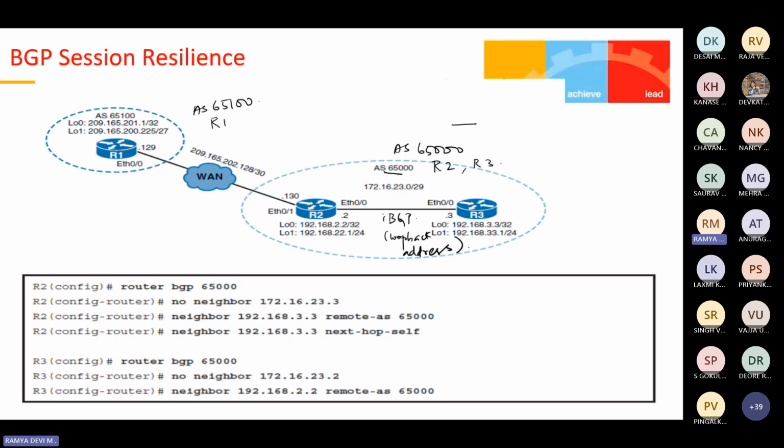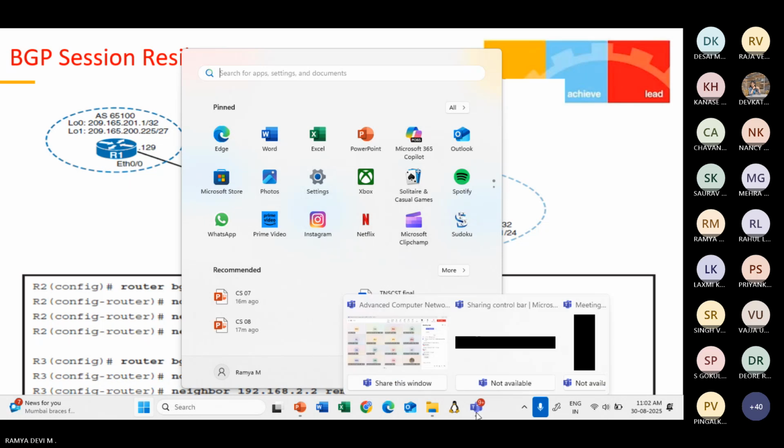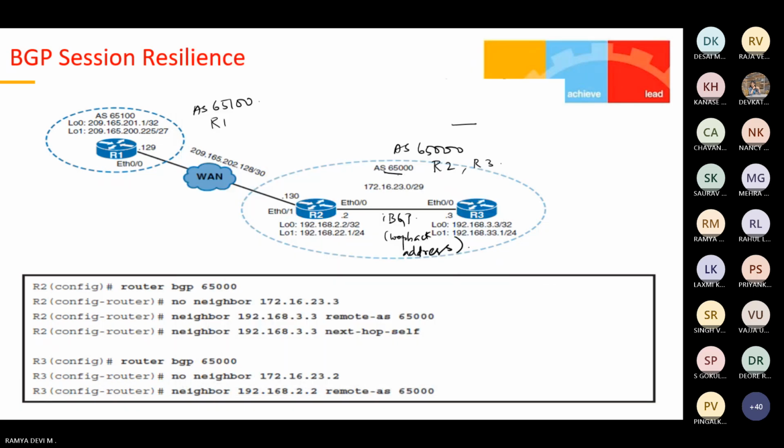loopback addresses. Loopback-based peering prevents BGP session drops. If any physical link or interface goes down, there will be a problem.